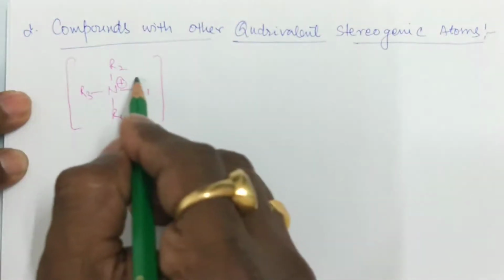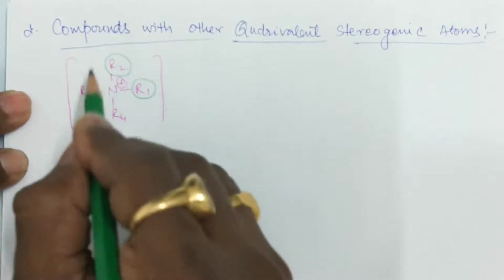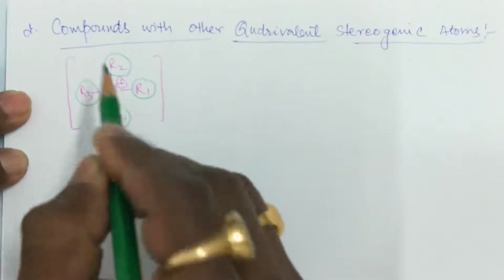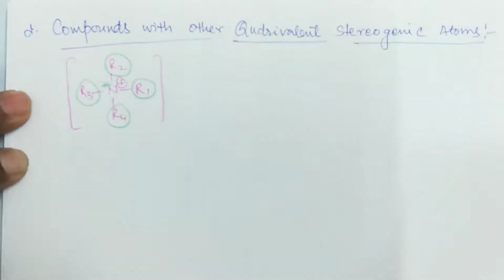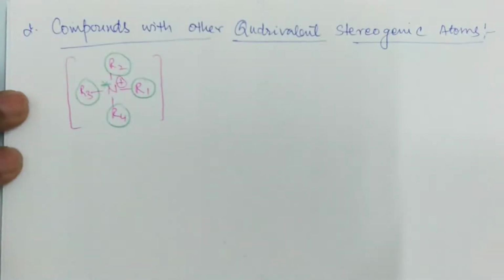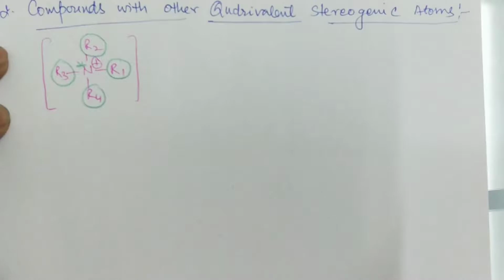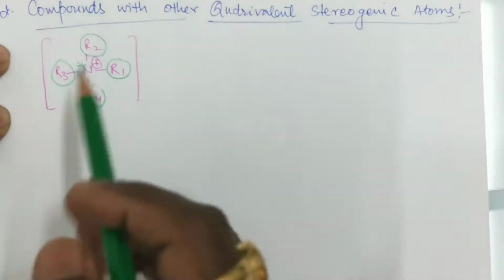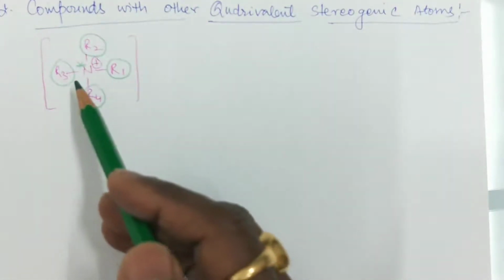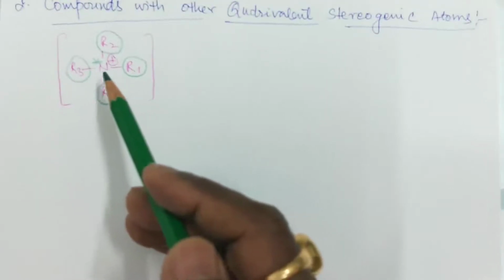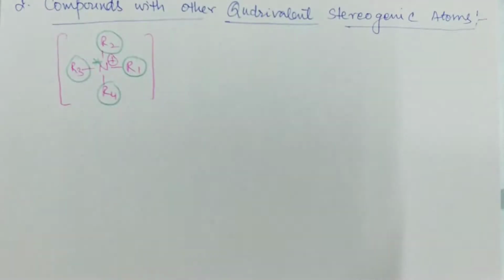See, this is R1, this is R2, this is R3, this is R4. So similar compounds also have stereogenic atoms. And if there is one stereogenic center, the molecule is always chiral, meaning it shows optical activity. So this is one kind.